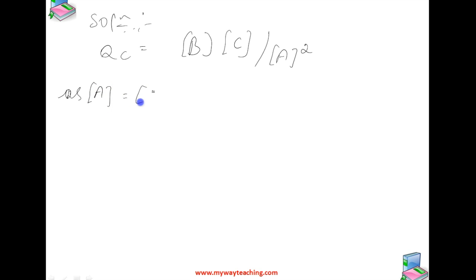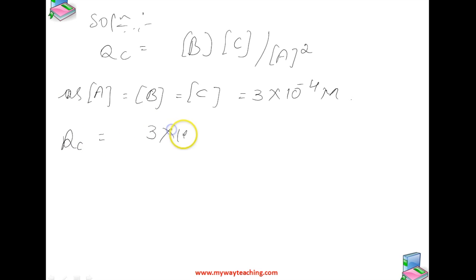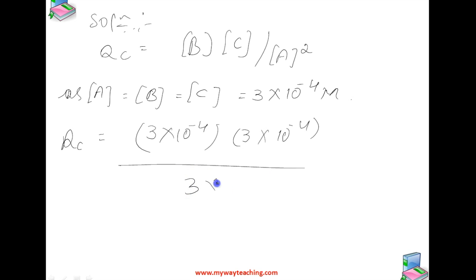Consider the solution. We know that the reaction quotient, when we are considering the concentration, Qc is equal to [B][C] divided by [A]². We know that [A] = [B] = [C] = 3 × 10^-4 M. So Qc is equal to 3 × 10^-4 times 3 × 10^-4, the same value for C, divided by A, which is also 3 × 10^-4, squared.